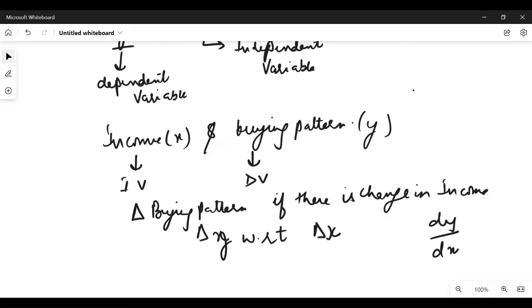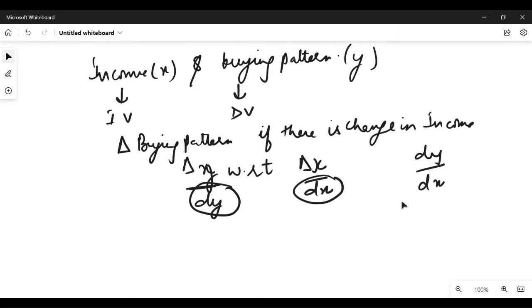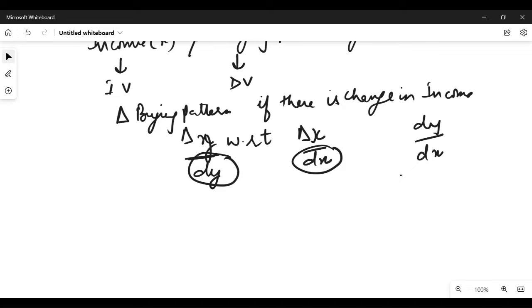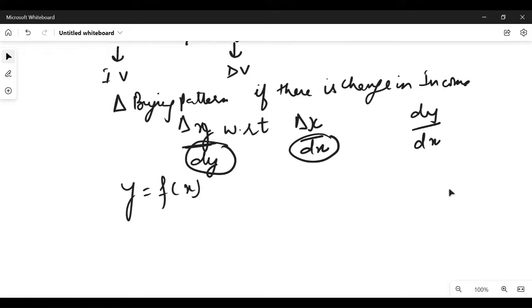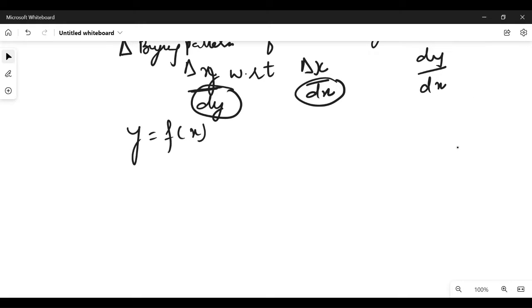Okay, so change in y can also be represented as dy and change in x is also represented as dx. Fine, this is not the denominator, I have just explained you. So we can write it in the form of y is equal to function of x. Clear?